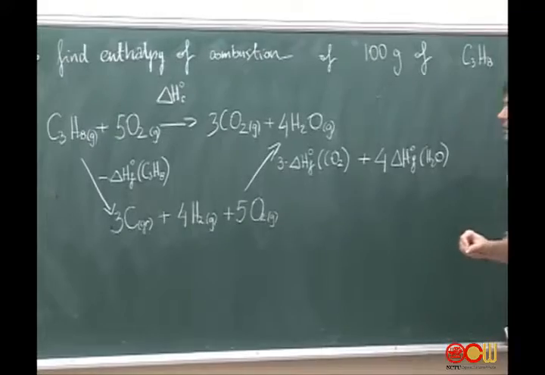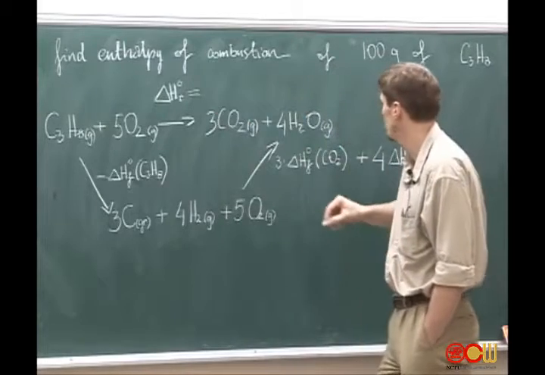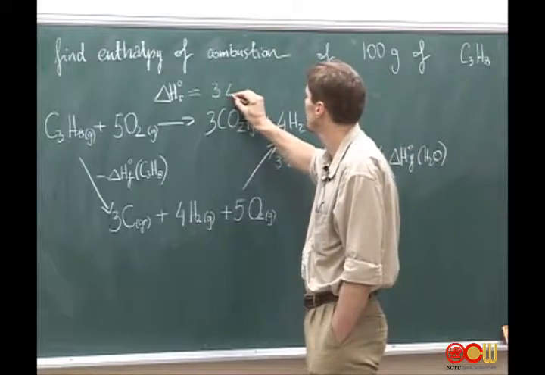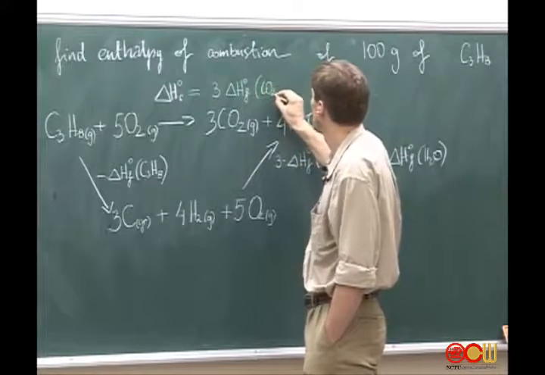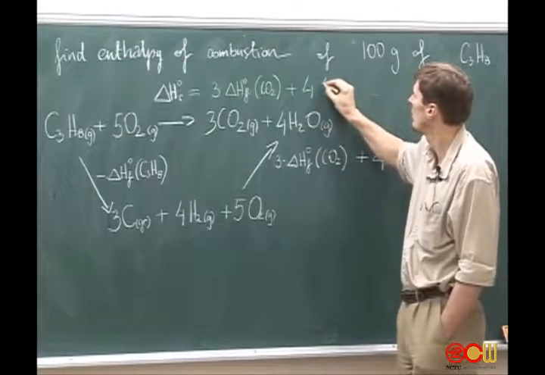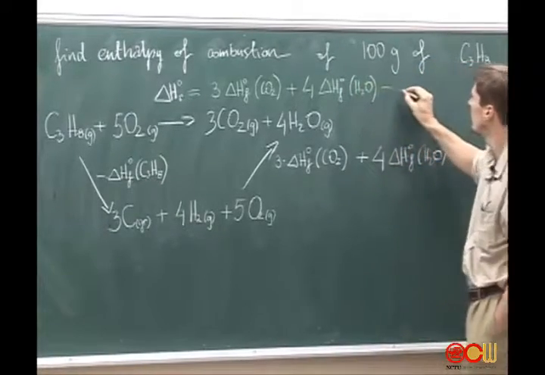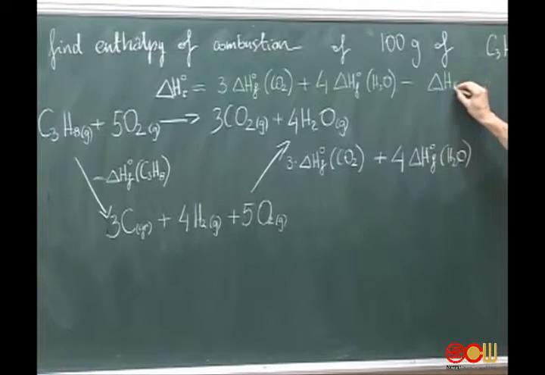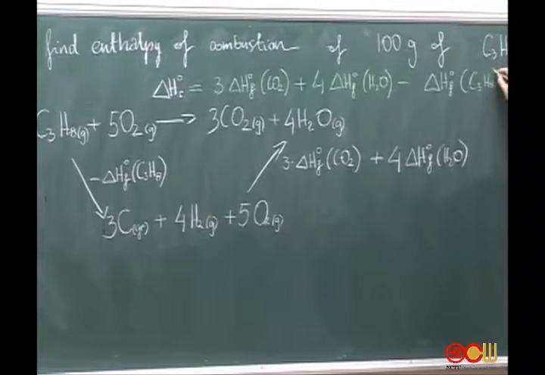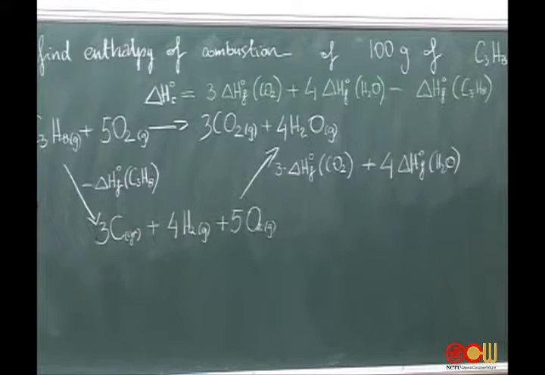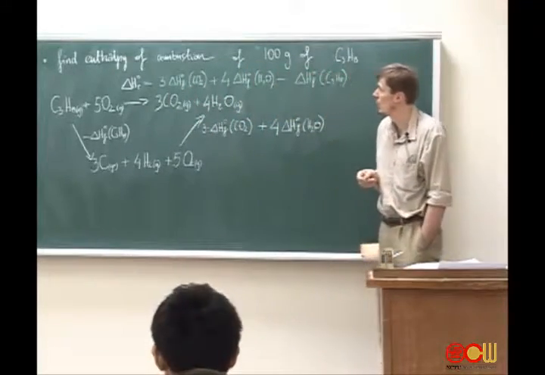So finally we are getting here that the combustion enthalpy of this reaction would be equal to 3 times... and after putting the data, this, and this inside, you have the solution.